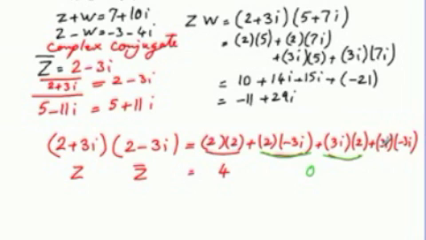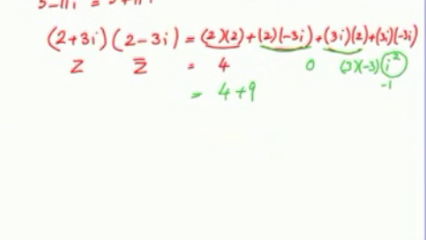Yeah, you have 3 times minus 3. But then you have i times minus i. i times i is i squared. Is that right? 3 times minus 3 and i squared. What was i squared? Negative 1. So this negative cancels the other negative. You get positive. So you get 4 plus 9.